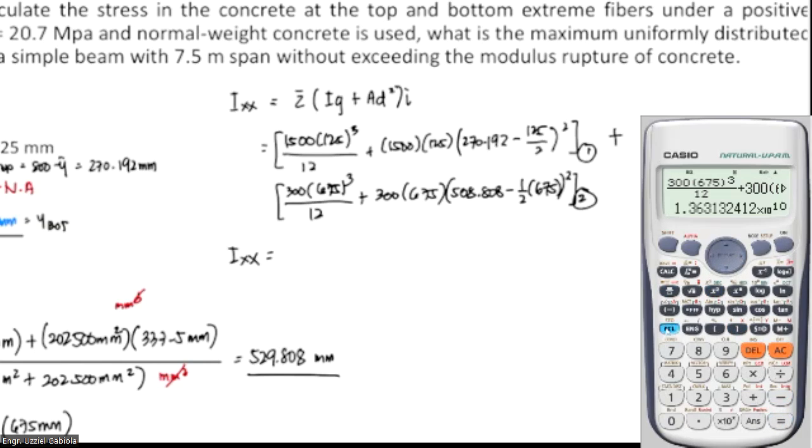Okay, so we have the second value. And then to get the sum, we just need to recall the values of b plus c. So we have this value, 2.196 times 10 to the 10.